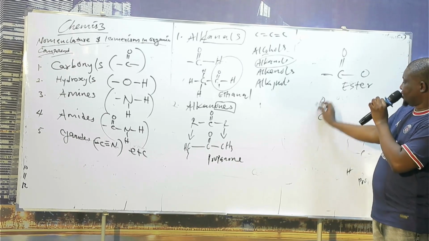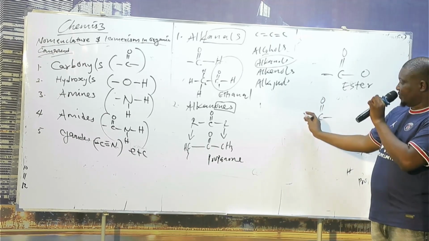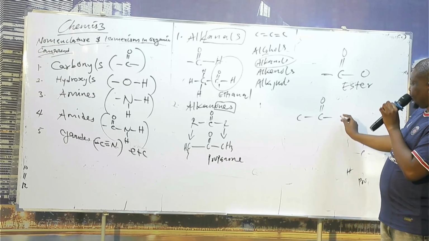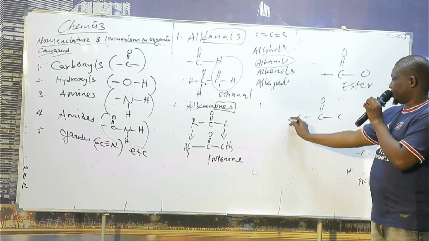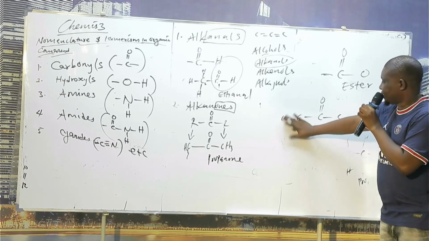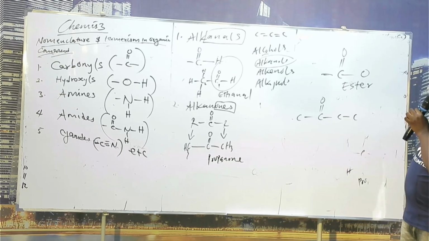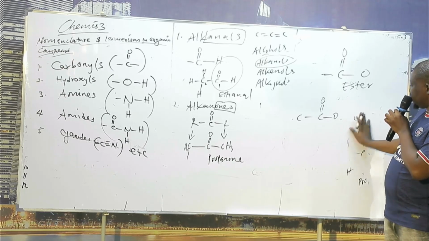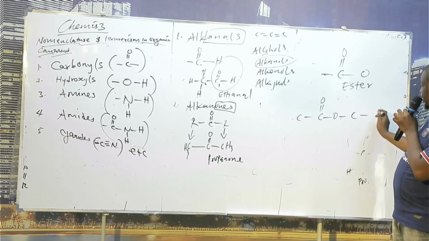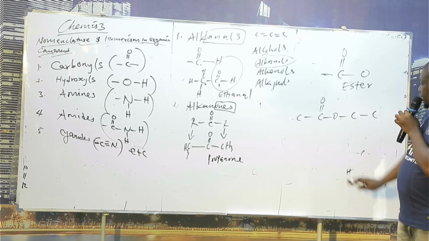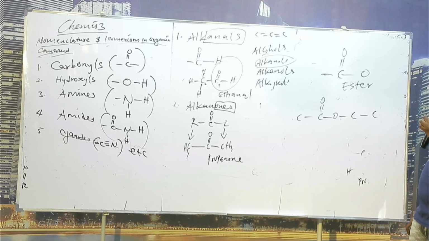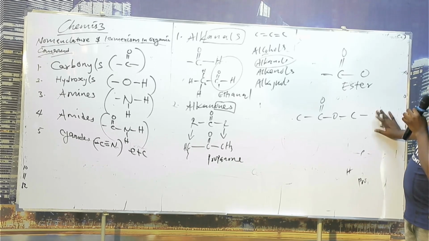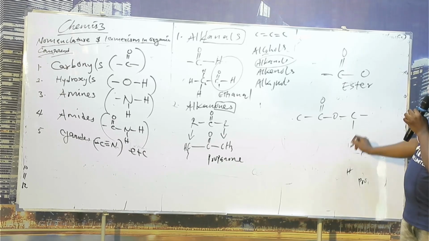You have something like this, with a carbon here and a carbon here. This O is linked to what? C. Watch this. What do you call this?